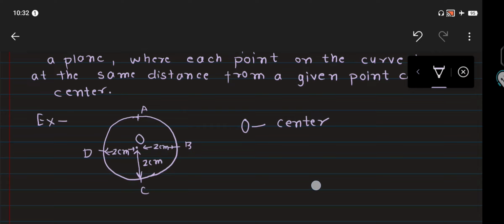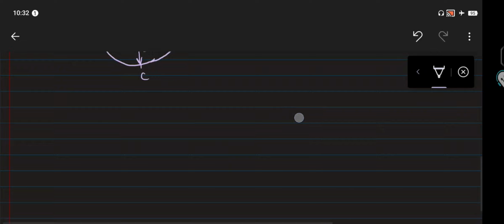Now there are many terms related to circle that we need to know, and you may be familiar with these terms already from your previous classes. Here we will try to define them. So our next term is radius.